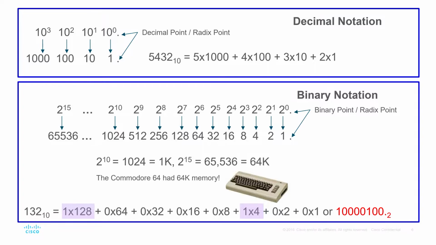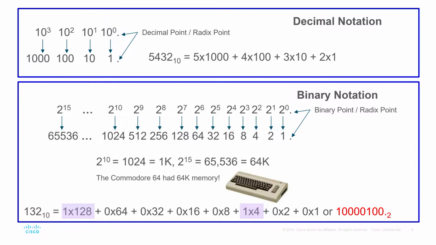To the left of that is 10 to the first, or 10, 10 to the second, or 100, 10 to the third, or 1000. Therefore, a number such as 5,432 base 10 is 5 times 10 to the third, or 5 times 1000, 4 times 10 to the second, or 4 times 100, 3 times 10 to the first, or 3 times 10, and 2 times 10 to the 0, or 2 times 1.